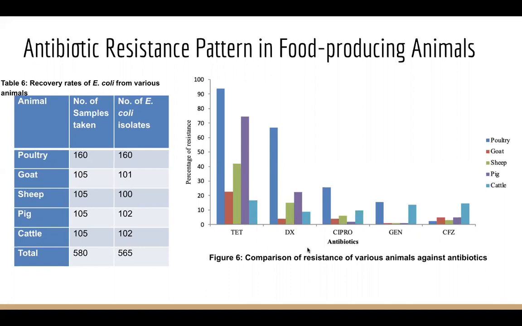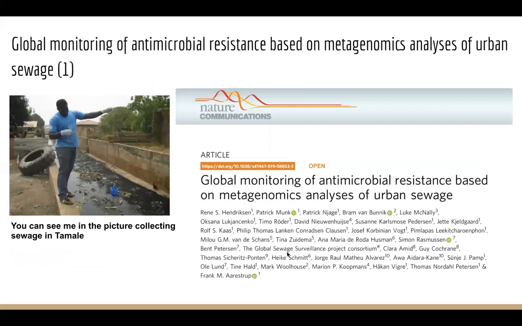Then the next, which is the last one, is work we did on the environment, that is sewage samples. In this work, you can see myself taking the sewage sample from Tamale. We took samples from 74 countries in the world just to look at resistant genes in the environment, by looking at the sewage in urban centers.